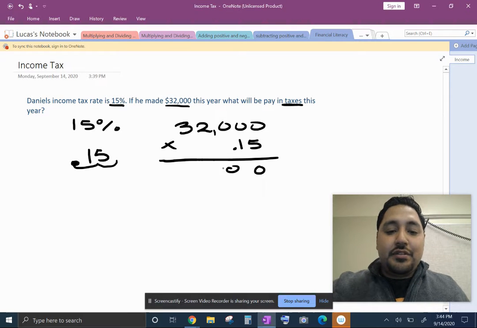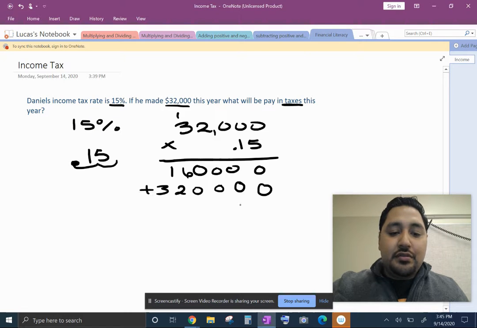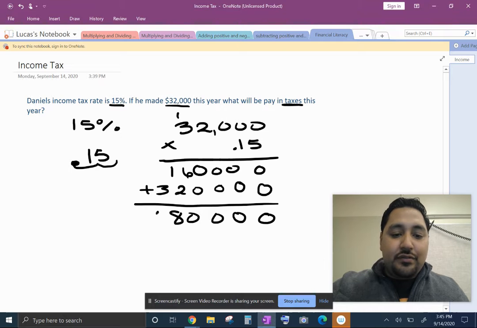So 0, 0, 0. 5 times 2 is 10. 5 times 3 is 15, plus 1 is 16. And then I'm going to add a 0. Now I'm going to start on this next number. So I'm going to go 0, 0, 0, 2, and 3. Add these up. 6, 7, 8, and 4.